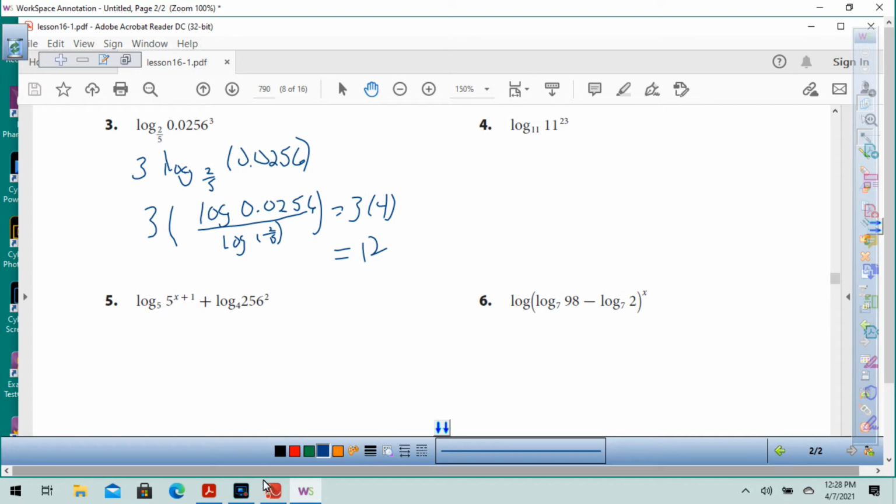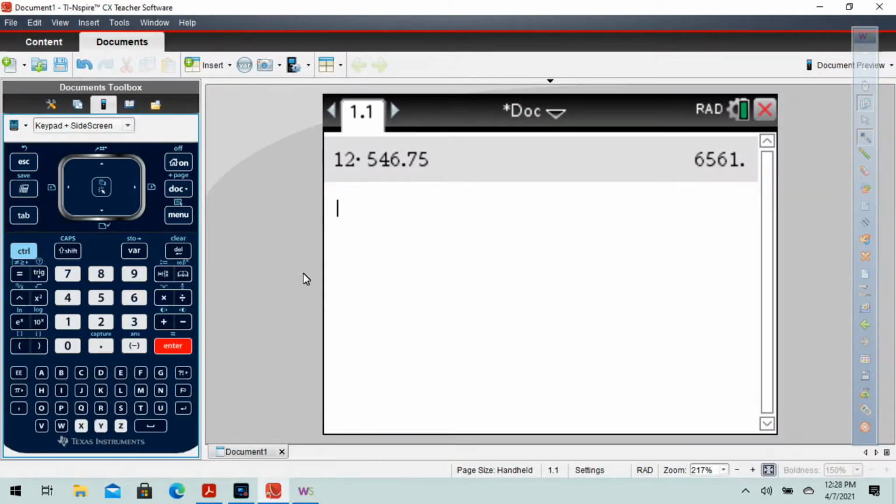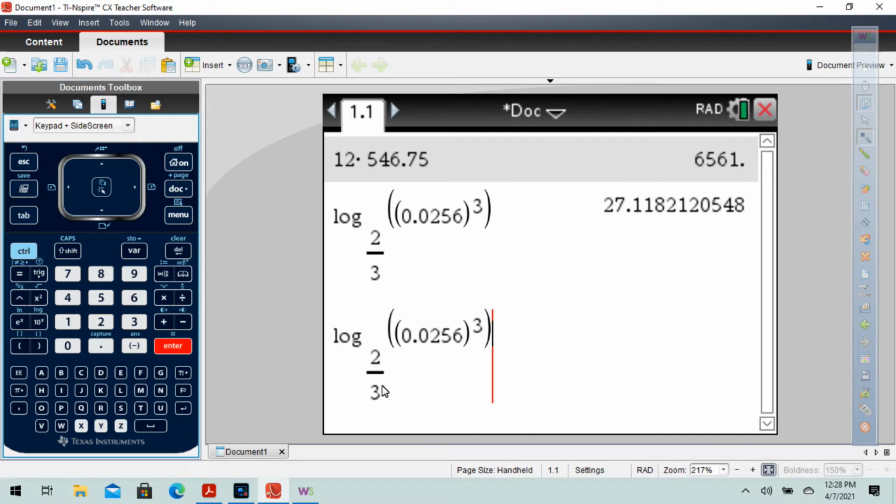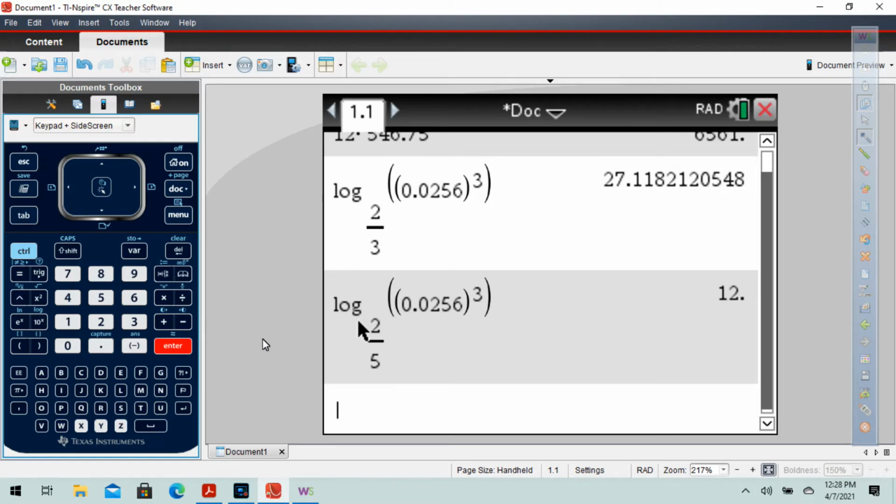All right, and just to show you that those are all equivalent, we've got control log, and 2 divided by 3, and tab, 0.0256 caret 3. Whoa, what did I do there? That's 2/5, not 2/3. That is 2/5. And there we go.